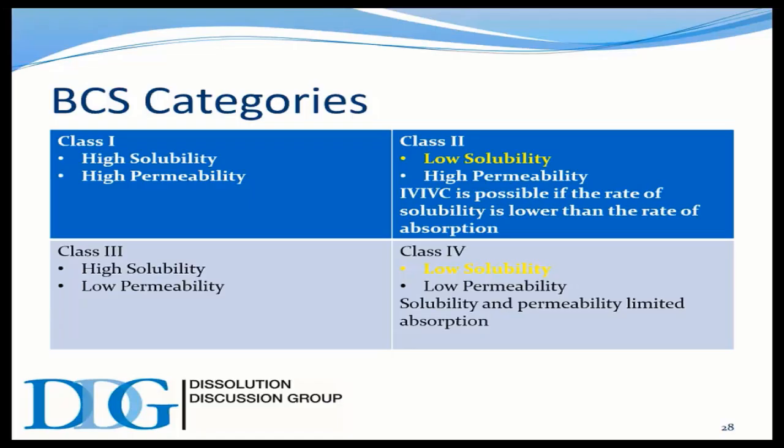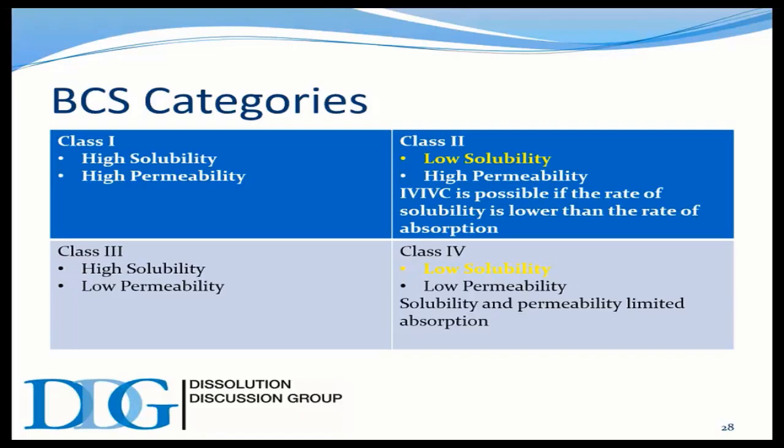Okay, we've mentioned BCS several times, and just to give everybody a ground state for this, we're looking at the right side of this matrix. These are the low solubility drugs. Solubility is the point at which a drug is available for permeation, available for absorption.